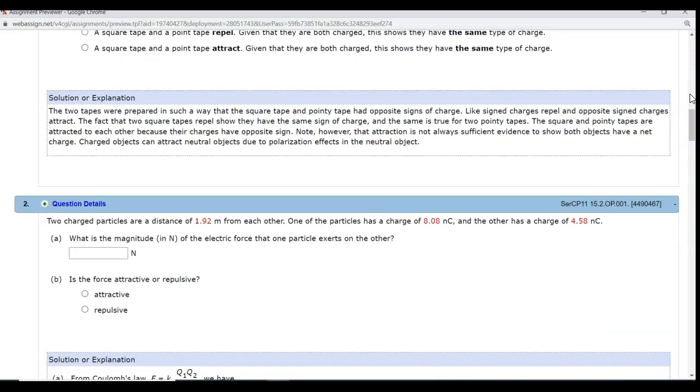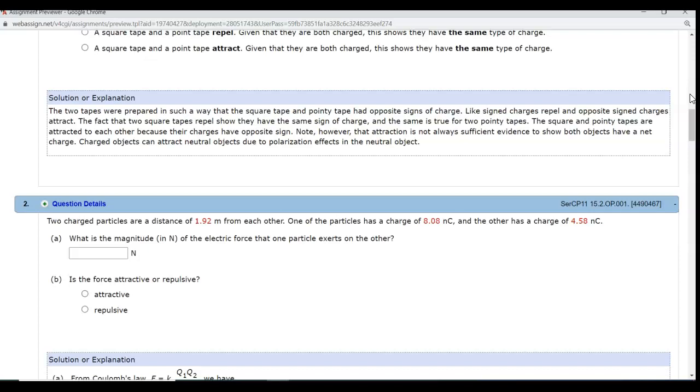Okay, the two tapes were prepared in such a way that the square tape and the pointy tape had opposite signs of charge. Like sign charges repel and opposite sign charges attract. The fact that the two square tapes repel shows they have the same signs of charge, and the same is true for two pointy tapes.